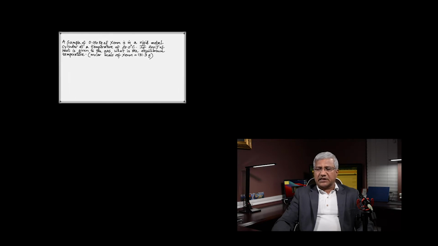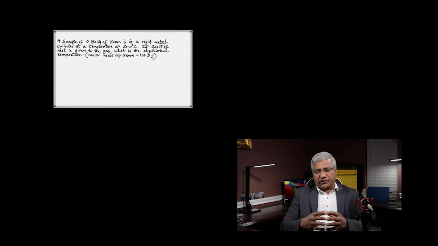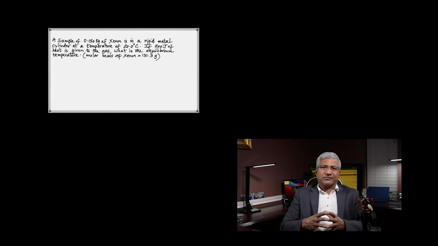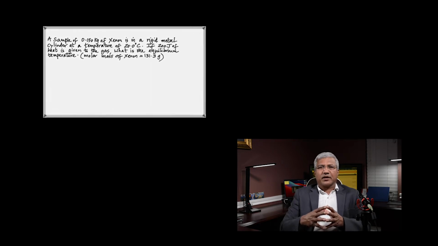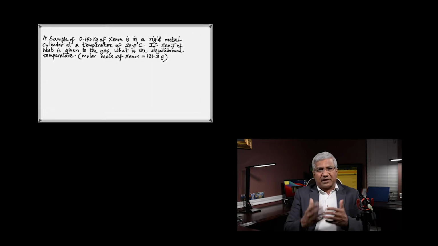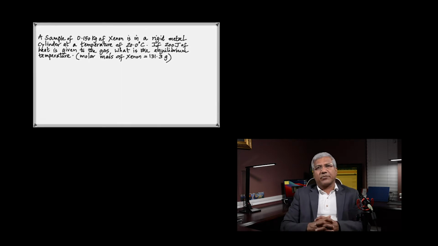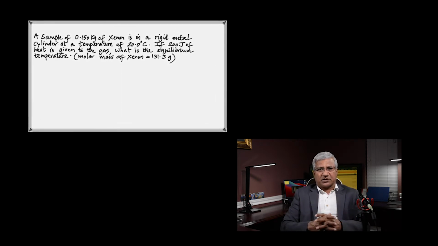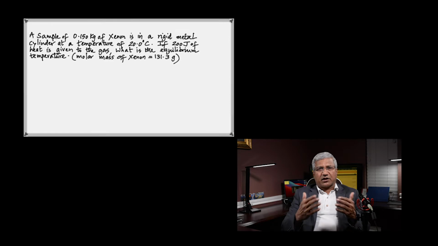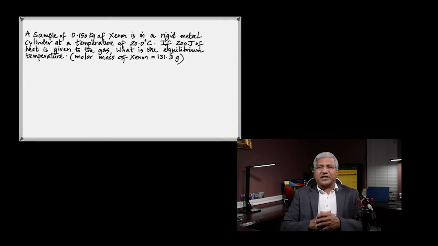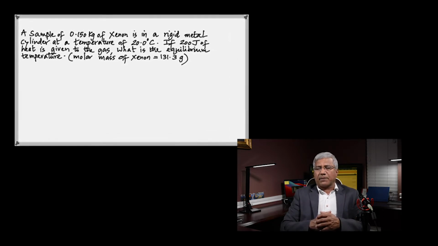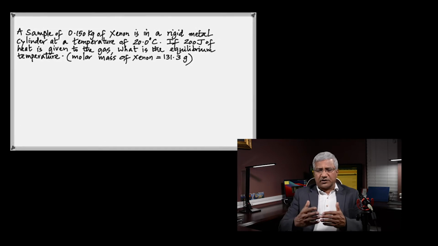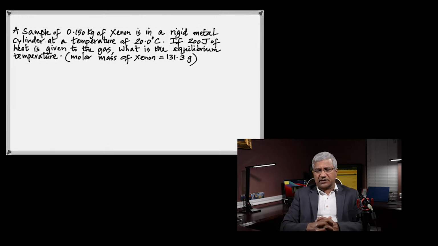In this question, a sample of 0.150 kilogram of xenon is in a rigid metal cylinder at a temperature of 20 degrees Celsius. Since it's in a rigid metal cylinder, the volume is kept constant. The gas cannot expand. Then 200 joules of heat is given to the gas.